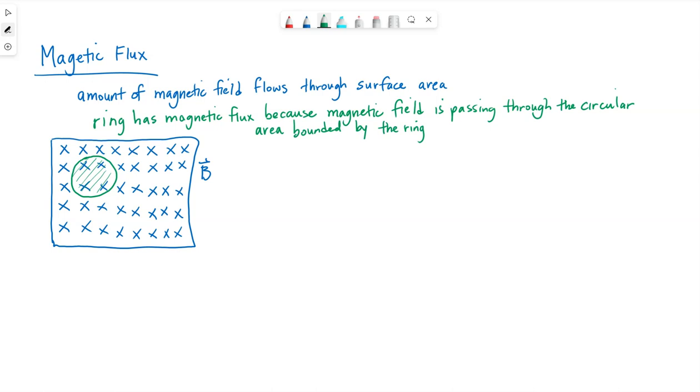Okay, so flux is the flow or the passing of magnetic field lines through a given area.